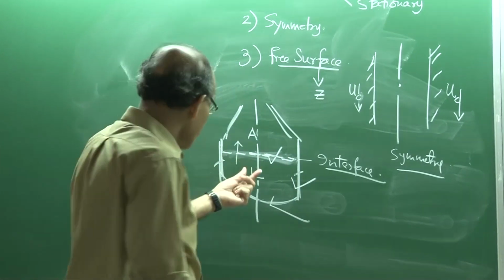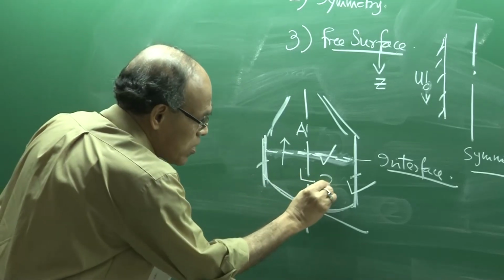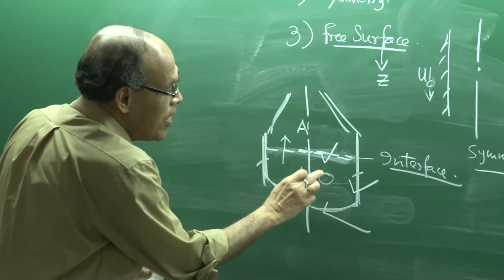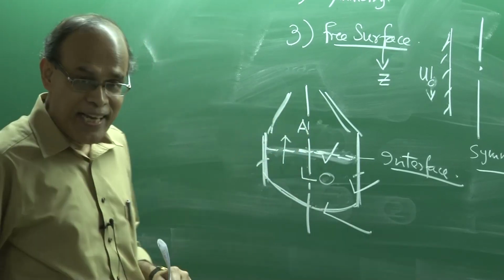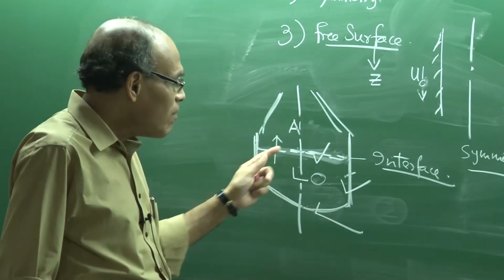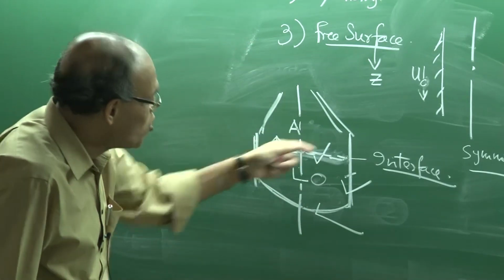And at this free surface, typically what is done is, since the metal phase has a greater density and viscosity than the ambient, which is typically air, we say that the circulation in the metal is not really causing huge motion in the system.